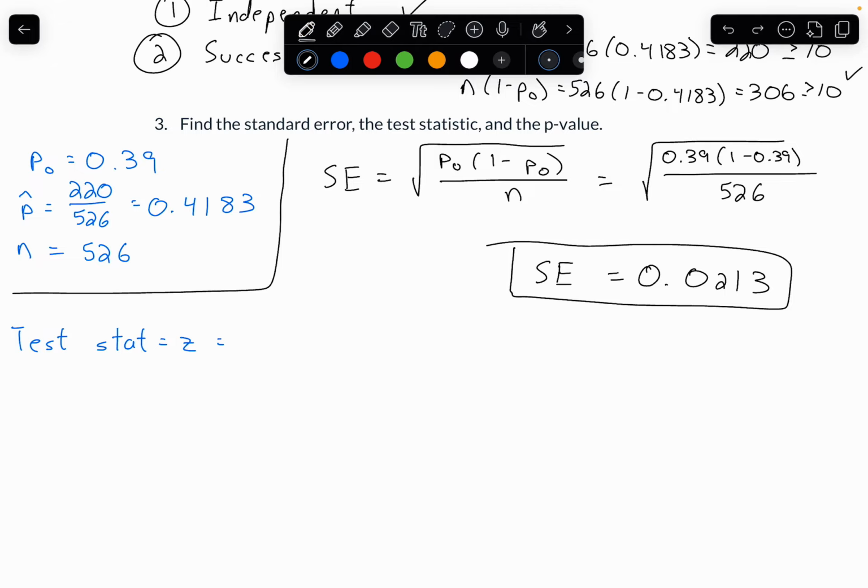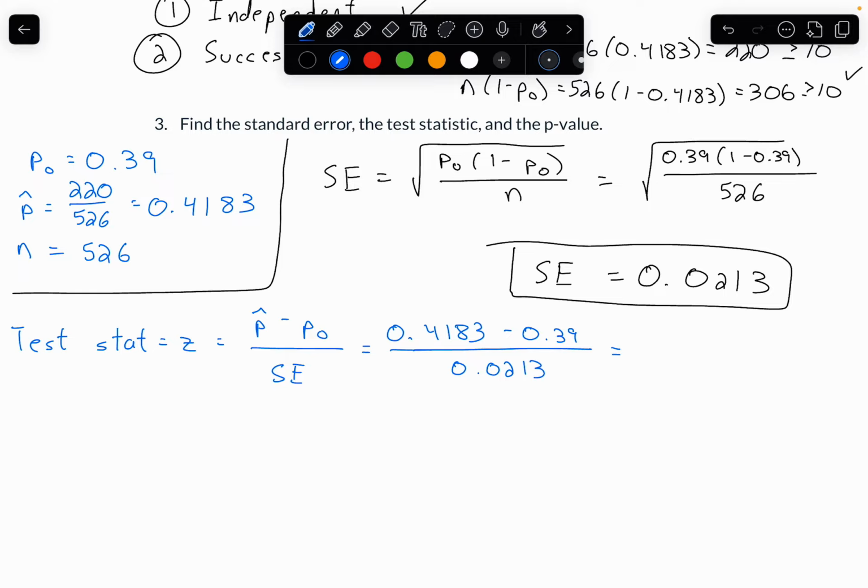So my test statistic formula says I want p hat minus p naught divided by my standard error. So p hat, we said that was 0.4183, minus, what do we say, p naught, 0.39, divided by my standard error, which was 0.0213.